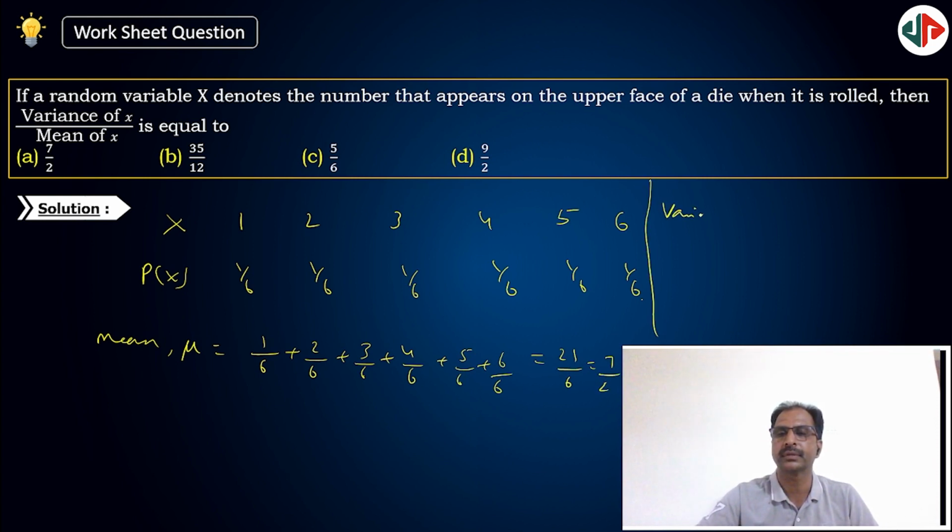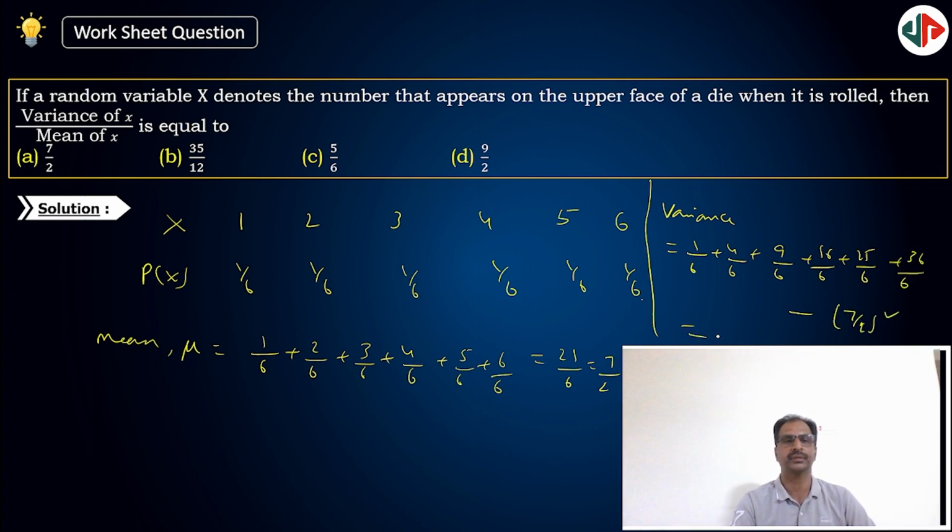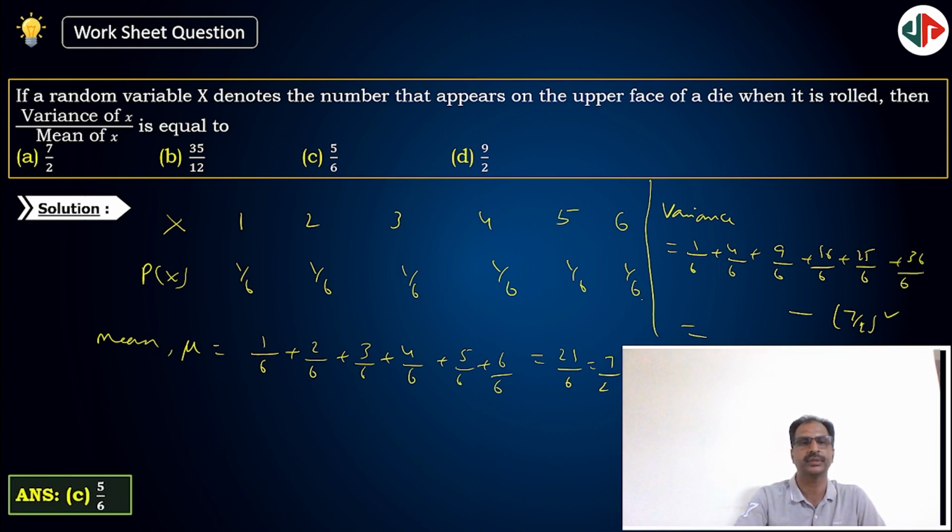Variance is sigma xi square, 1 square into 1 by 6, 2 square into 1 by 6, 3 square into 1 by 6, 4 square into 1 by 6, 5 square into 1 by 6, 6 square into 1 by 6, minus mu square, 7 by 2 whole square. Simplify this, you'll get variance and divide variance with the mean. You'll get option C is the correct one.